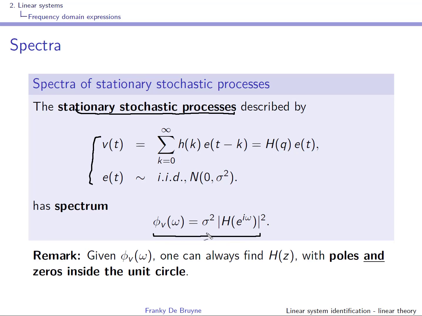So the idea of this formula is that you start from the spectrum of E of t, which is really flat. It has the same intensity sigma square at all frequencies, and while E of t is filtered through H of q, the resulting spectrum of V will be modulated by the modulus of H of z, evaluated at z equal to the exponential of I omega, and then this modulus is squared.